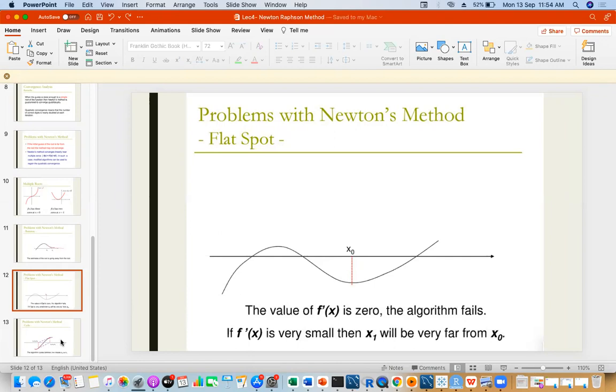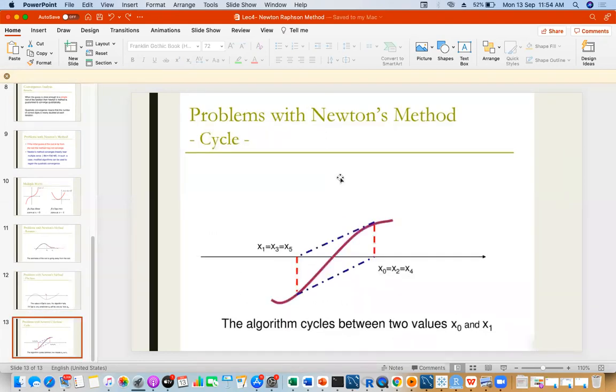Now the next case is, let us say this is the function and this is our initial guess x naught. Now here we are finding the f dash of x. Wherever this touches the x-axis, there it will be x1. Now from x1 again we are finding the f dash of x1, and wherever it touches the x-axis it will be our x2.